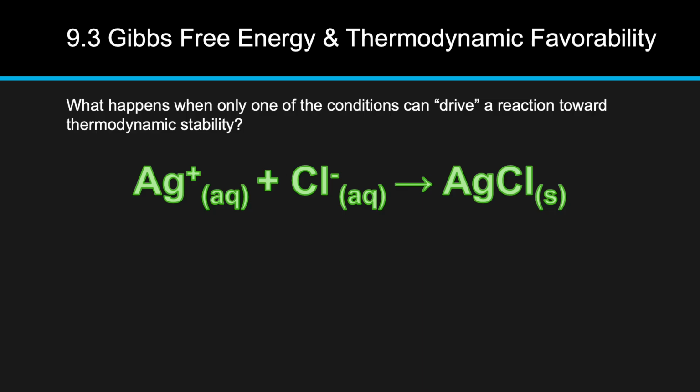Then moving into our product, we are forming solid silver chloride, which is a solid precipitate, and particles are locked in a fixed structure, which means low disorder. Because we are going from high disorder to low disorder, the entropy is decreasing. So we're going to have a negative delta S.